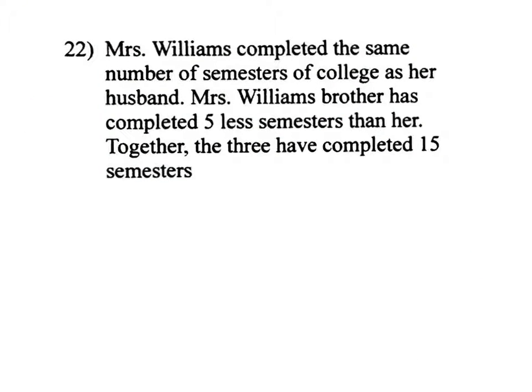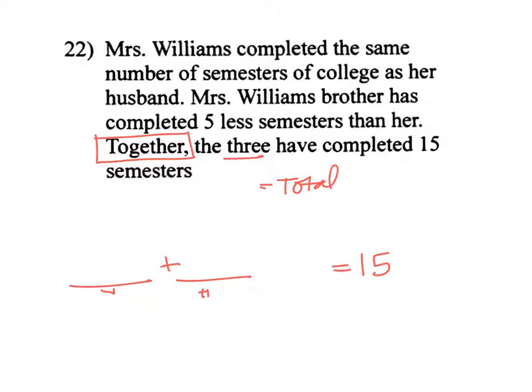Okay, last one. There's a key that gives us in the very beginning. This says together, which tells me this is going to be a total problem. So I want to equal the total at the end. So it equals 15. Then it says there are 3 people. So there's Miss Williams and her husband and her brother.